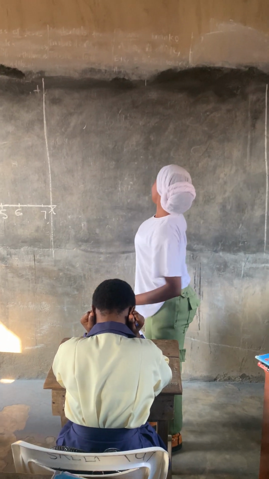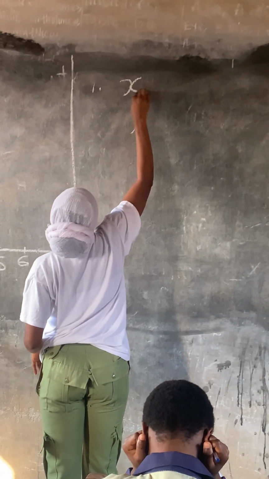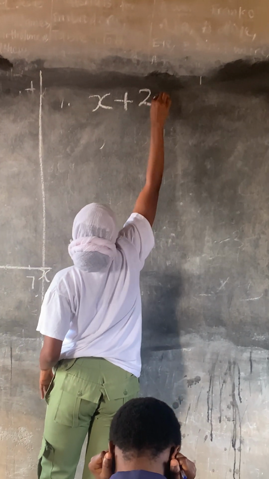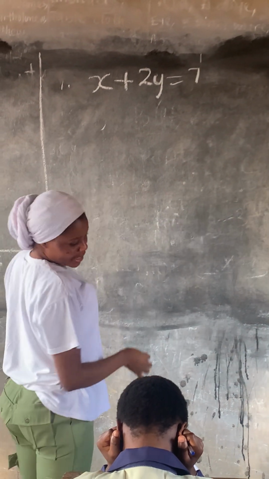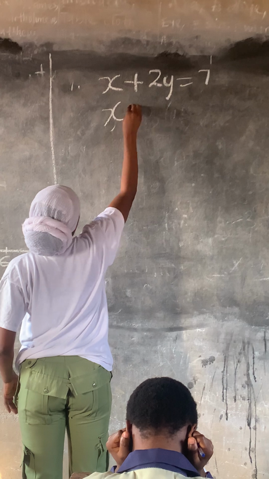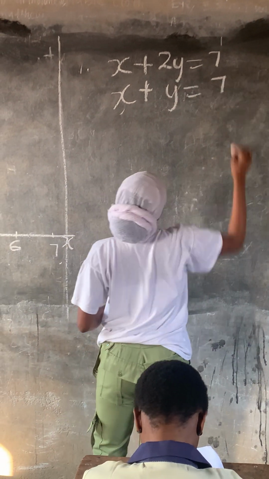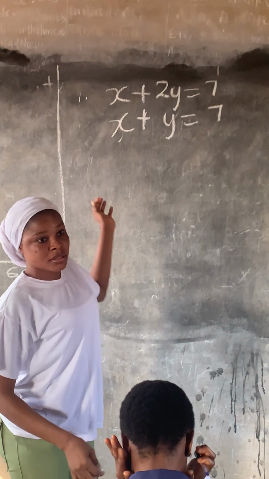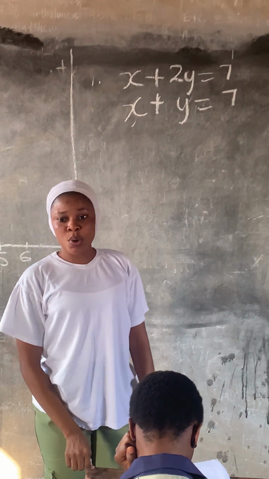So now for example, if we have number 1, x plus 2y is equals to 7. And we have the next one, x plus y is equals to 7. Remember, in solving simultaneous equations graphically, two equations will be given, okay?